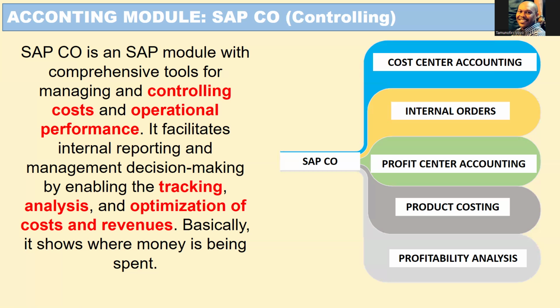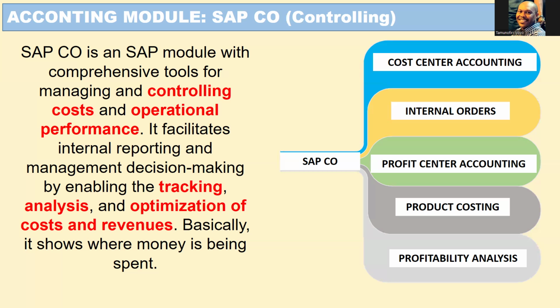All right, so the next we're going to be looking at here is SAP CO, which is the SAP controlling. What's SAP CO about? SAP CO is an SAP model with comprehensive tools for managing and controlling costs and operational performance. It facilitates internal reporting and management decision-making by enabling the tracking, analysis, and optimization of costs and revenues.